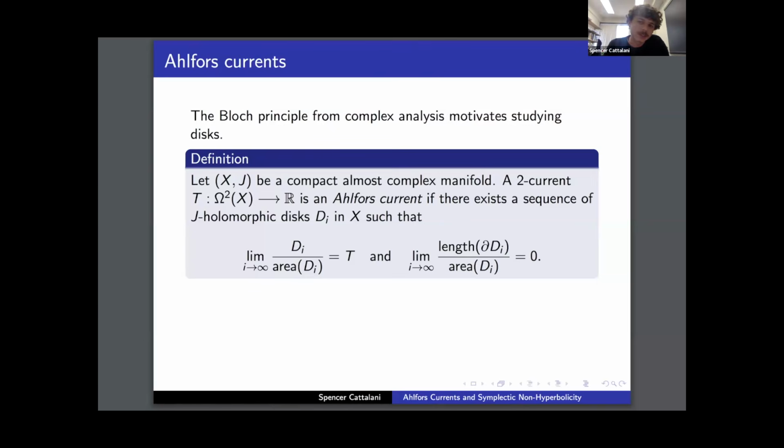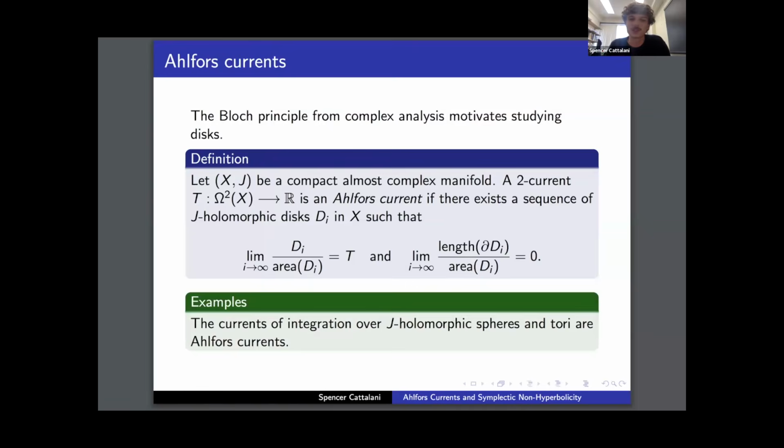It might seem like a strange definition. Here are two examples: the currents of integration over rational curves and tori are both Ahlfors currents. For spheres, you can just take larger and larger disks in the sphere. For tori, you take large disks in the universal cover.